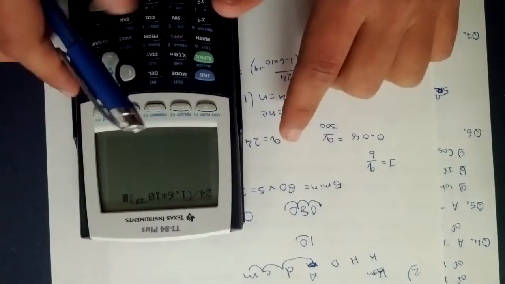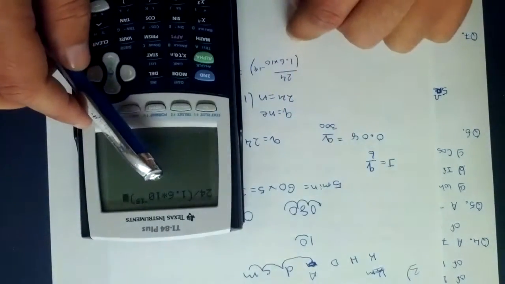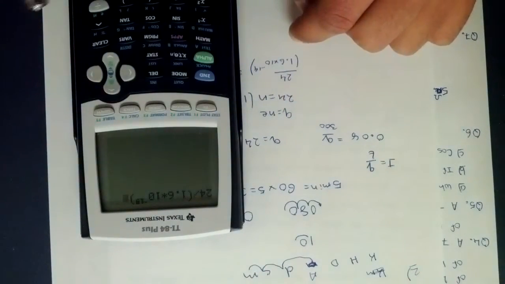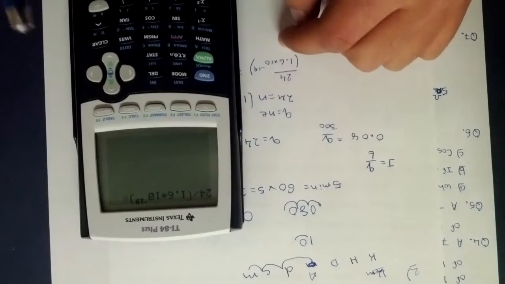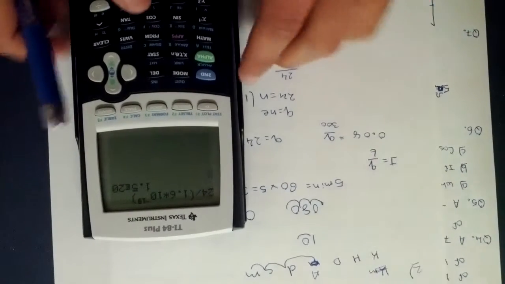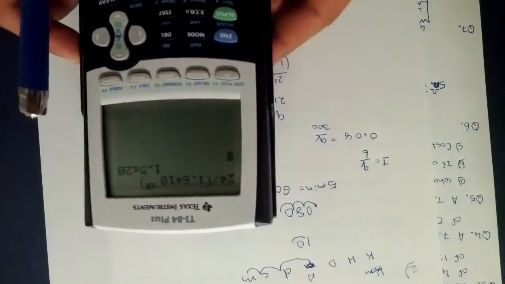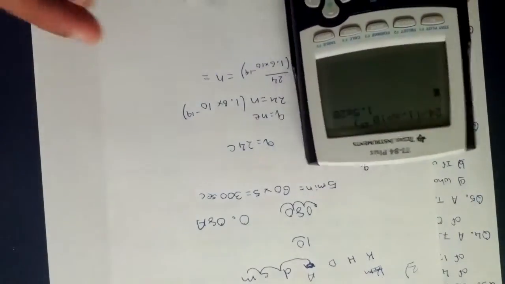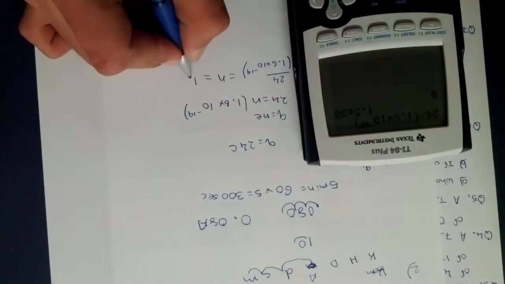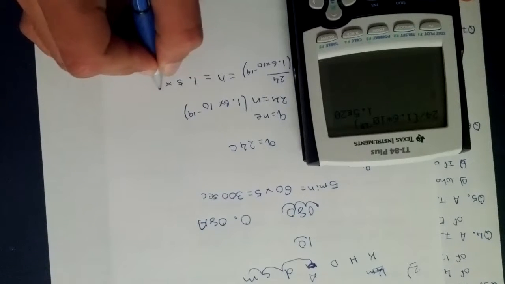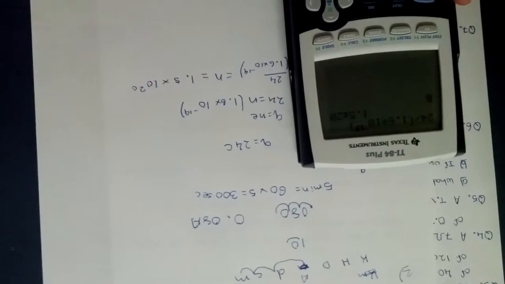Right? So 24 divided by 1.6 times 10 to the power negative 19. And then you press enter. And you get 1.5 times 10 to the power of 20. So that's your answer. 1.5 times 10 to the power of 20.